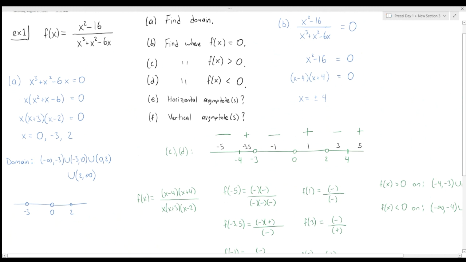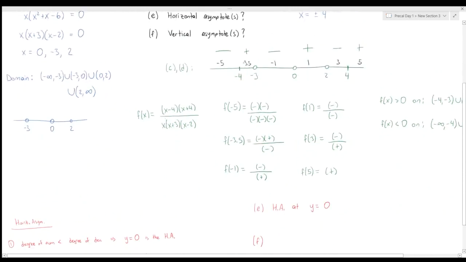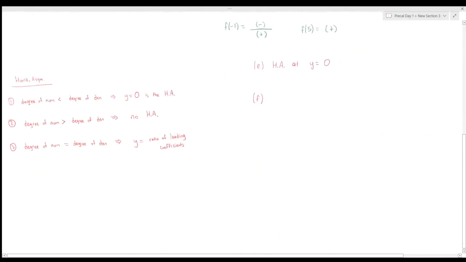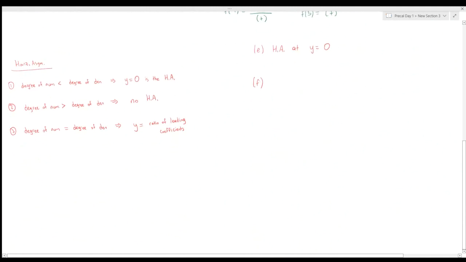Okay, so I'll also give you guys sort of a rule for how to determine where the vertical asymptotes are for a rational function. So for the vertical asymptotes, you look for where the denominator of your function is 0.